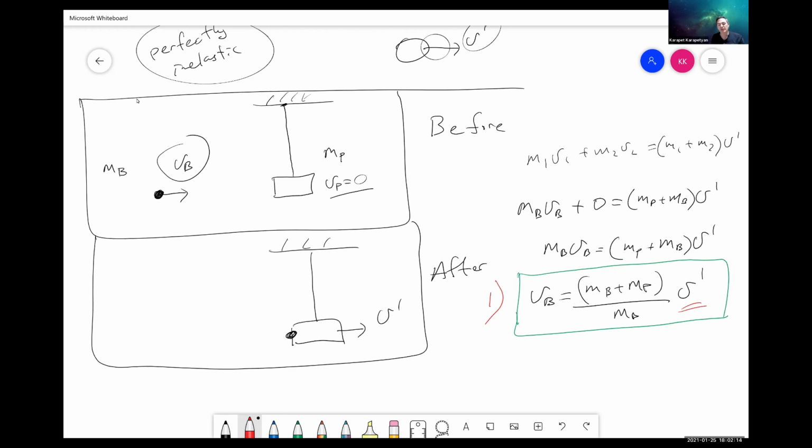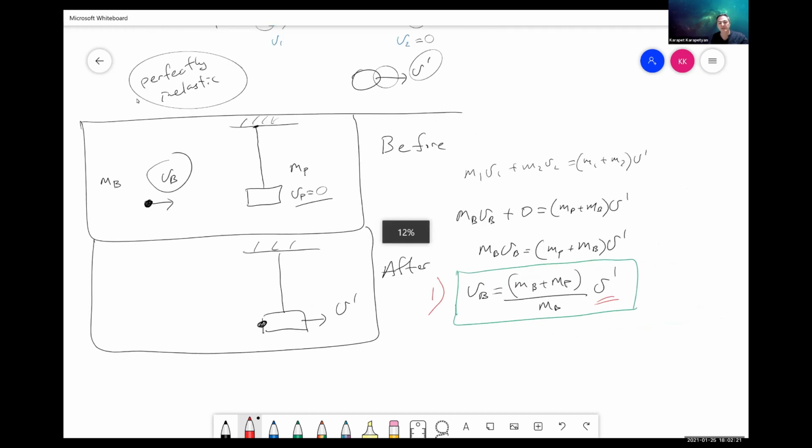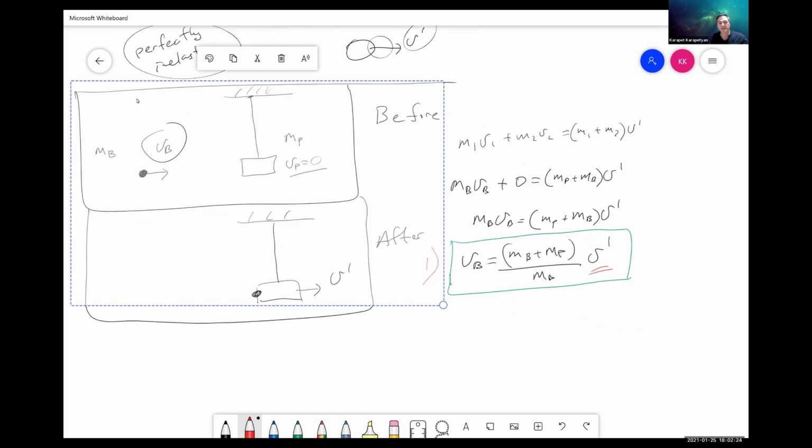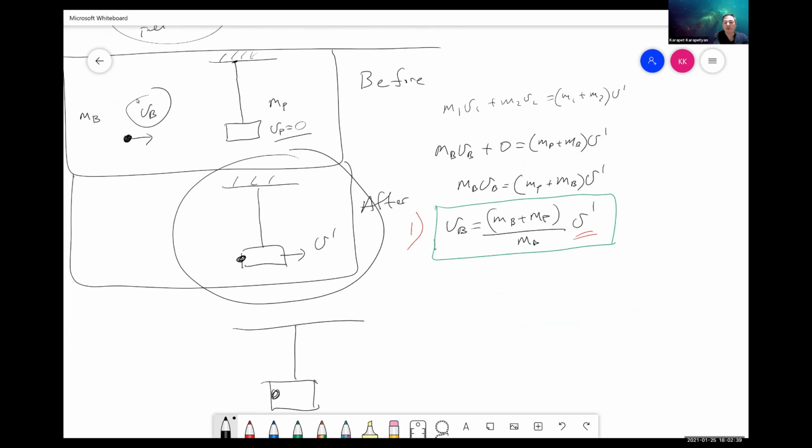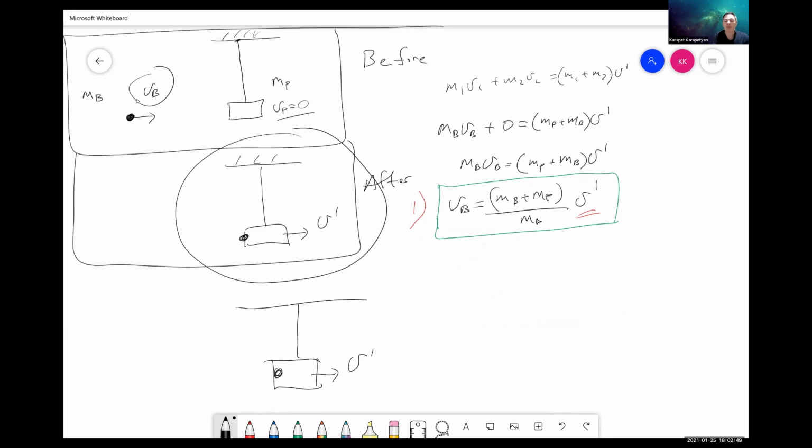But luckily for us, because of the type of experimental setup that we have, the system after the collision will do this. Taking this to be right after the collision, both of them together are moving with some velocity, sort of like a v prime.